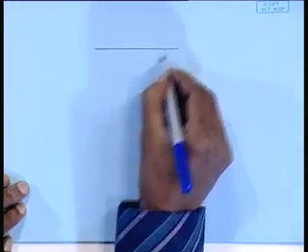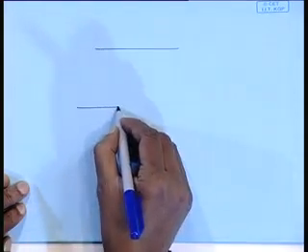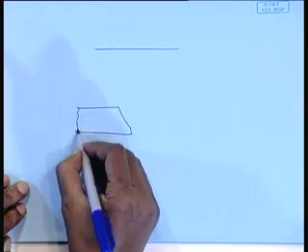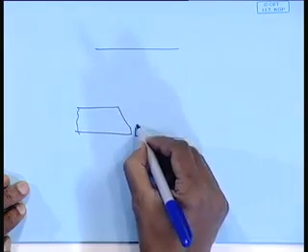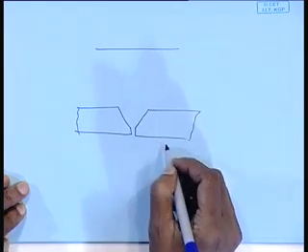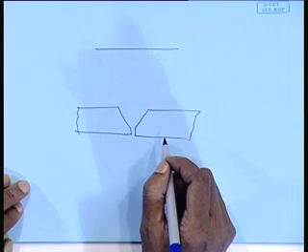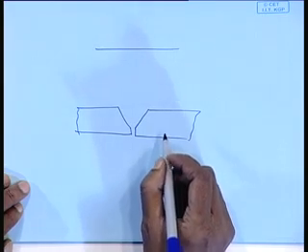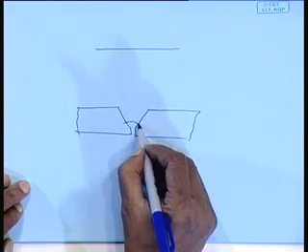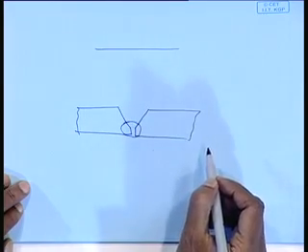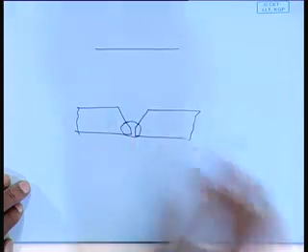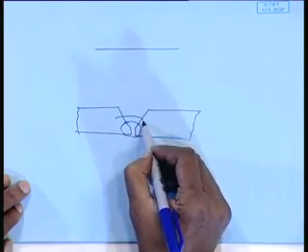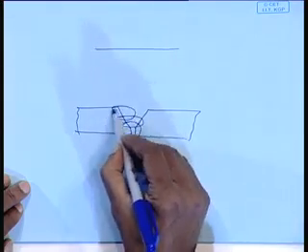Then you have slag inclusion. It happens when you do multi-run welding, suppose with manual metal arc welding. One run you have given, then whatever slag was there you have removed, you have given a second run, a third run, and so on.